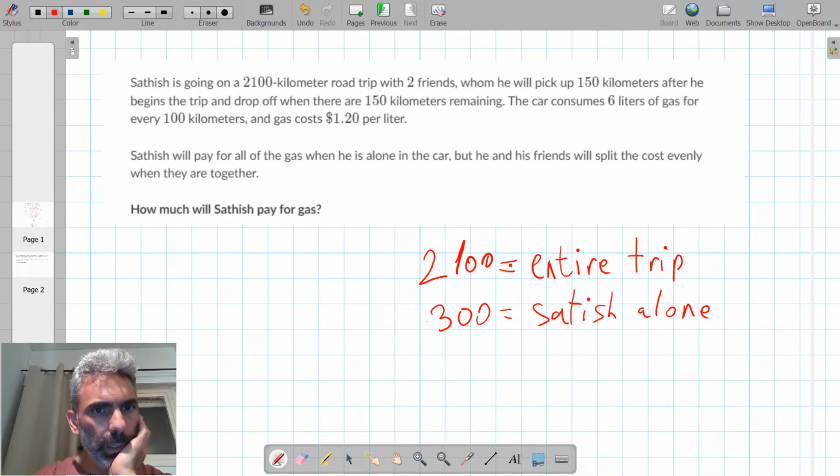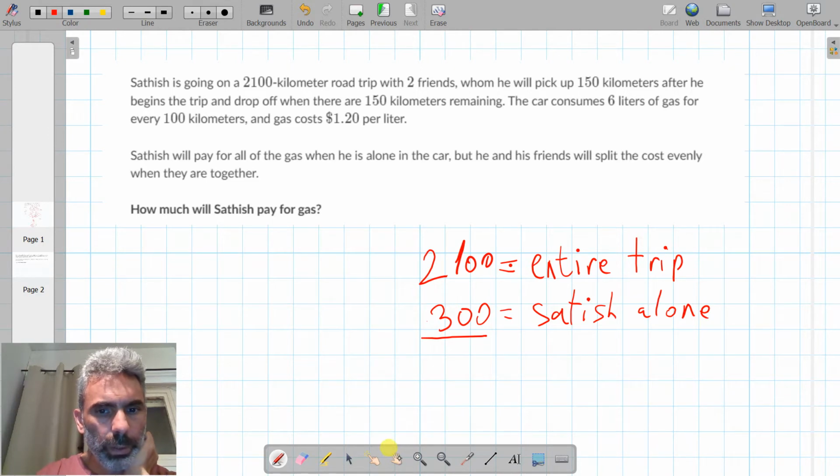Okay, so the 1800 kilometers needs to be split 3 ways because it picks up 2 friends. So the cost of 300 kilometers is solely on Satish, and the cost of 1800 kilometers is split between 3 friends, Satish and 2 of his friends.